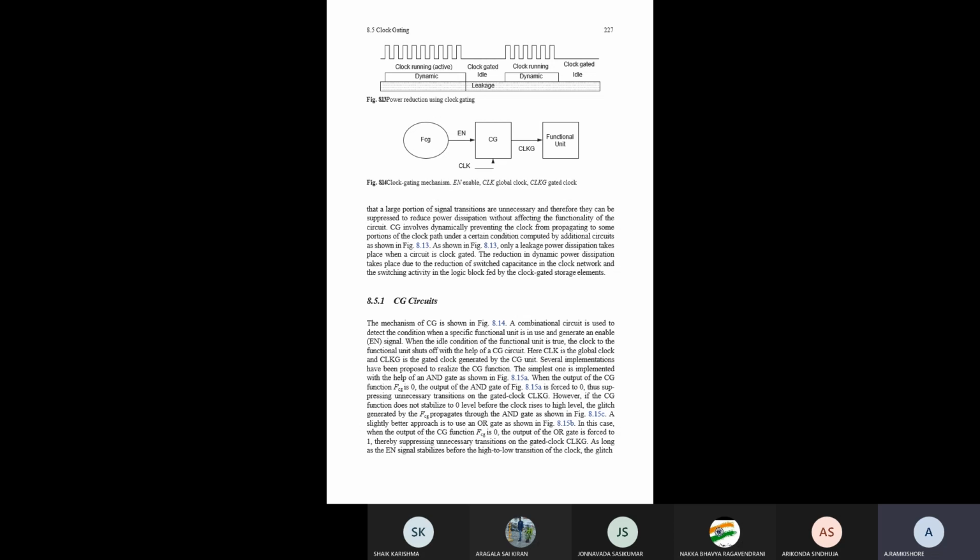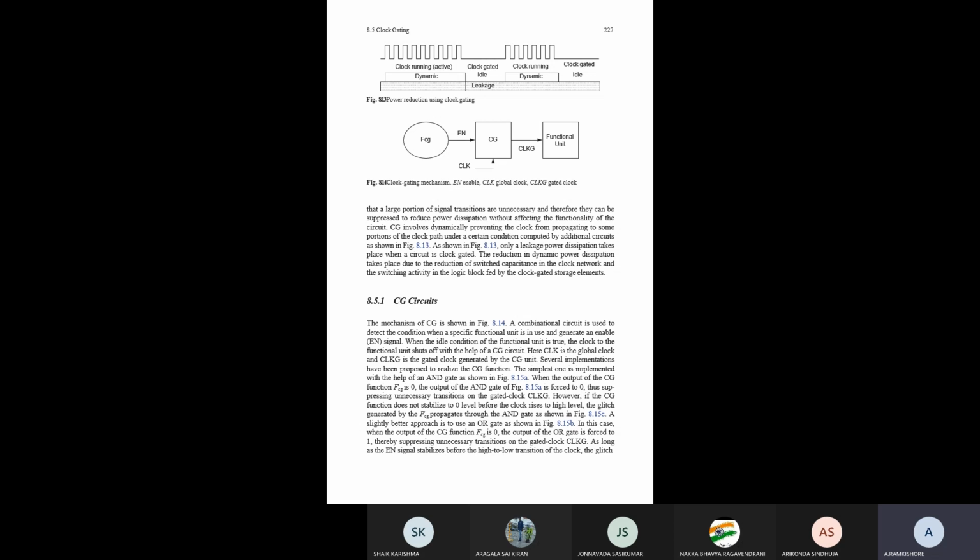The clock signal completely controls the capacitance values present from one node to another node, or from one terminal to another terminal. Based on that, it reduces the capacitance value. If the capacitance value reduces, it will completely control the power dissipation of the circuit.